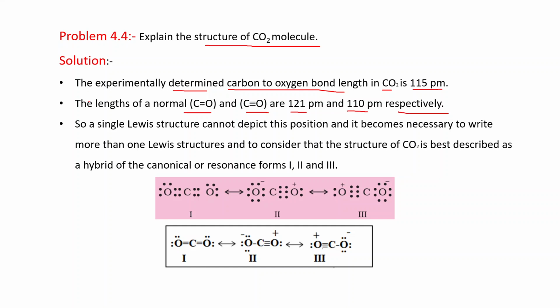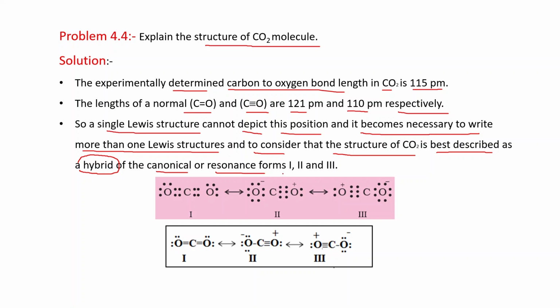So a single Lewis structure cannot depict this, and it becomes necessary to write more than one Lewis structure and to consider that the structure of CO2 is best described as a hybrid of the canonical or resonance forms first, second and third.